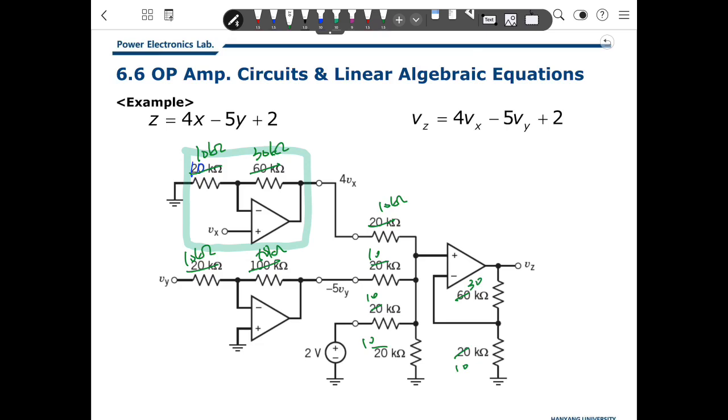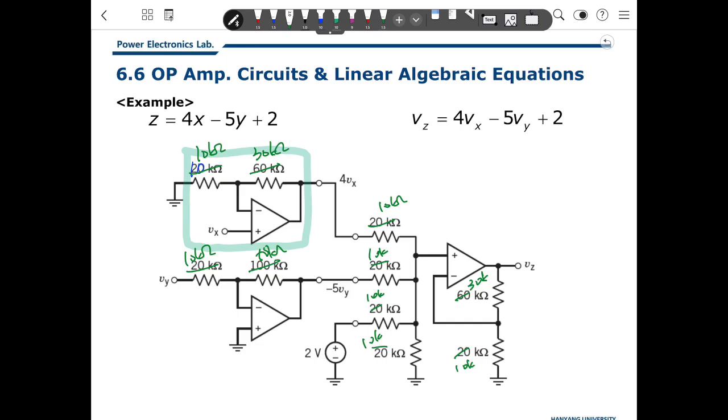This is 10, this is 30. This is our design, but the original values are what the textbook suggests. So it's not important, but anyway, if we order several tens of kilo ohms, it's okay when you use an op-amp IC. So anyway, you can make it here.